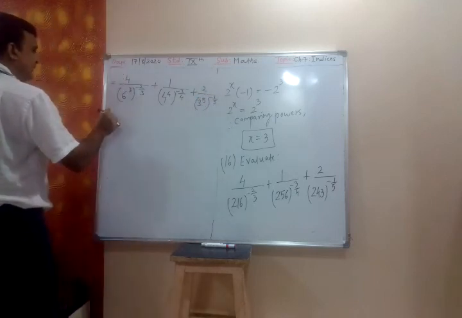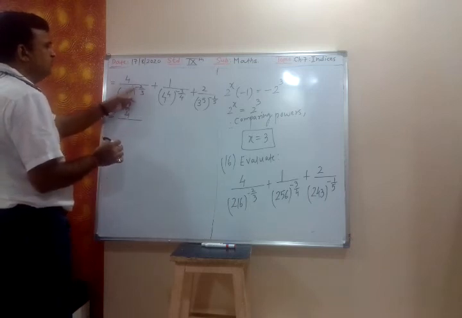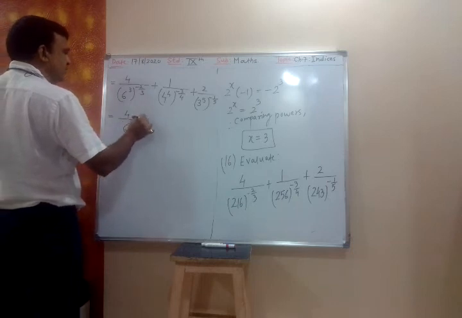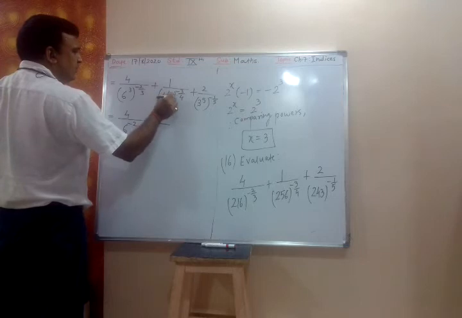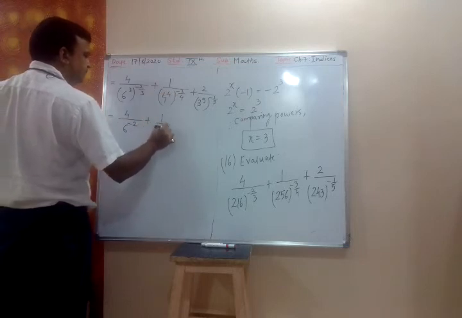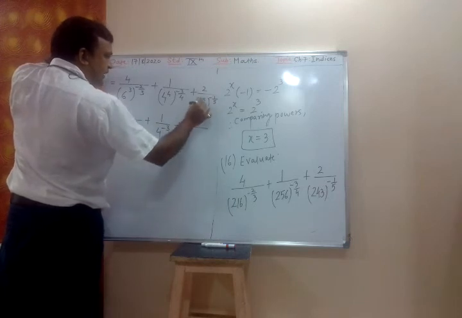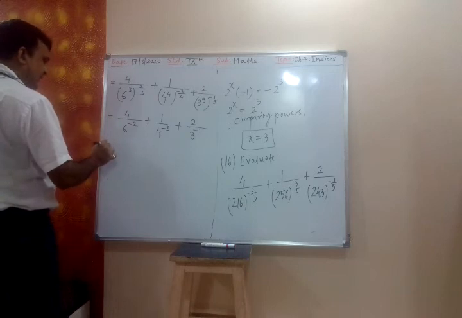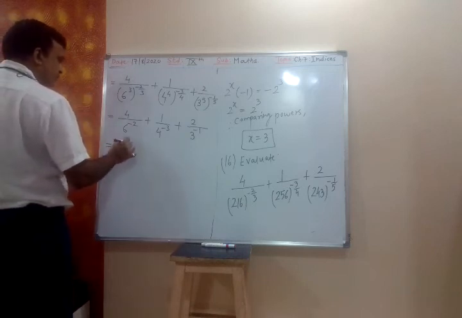So let us simplify. Power raised to power, multiply the powers: 3 gets cancelled, 6 raised to minus 2. Plus, power raised to power, 4 gets cancelled, 4 raised to minus 3. Plus 2 upon, 5 gets cancelled, 3 raised to minus 1. So I can write 4 as 2 raised to 2.